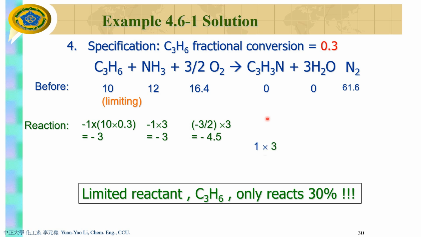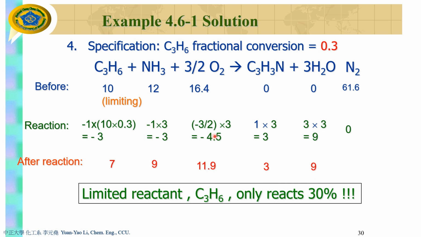And here will be plus 3, and then plus 9. So after reaction, 10 minus 3, that will be 7. 12 minus 3 will be 9. And then, as you can see, you got the answer here. So it doesn't matter what the question asks you, as long as you find out this one, you can get what the example wants to know. Okay?